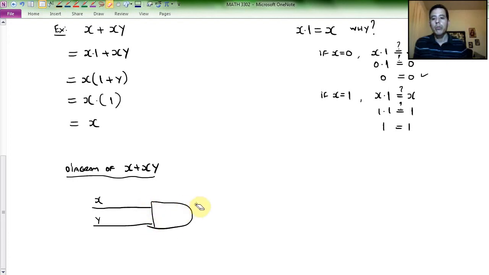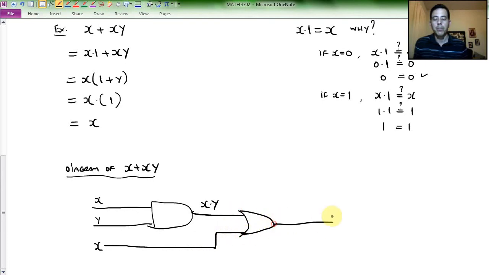So we do x times y first. And then with the result of that, we add x. That means we put x over here and then combine with the OR gate. This becomes x plus xy. Okay, so that's the diagram for x plus xy.